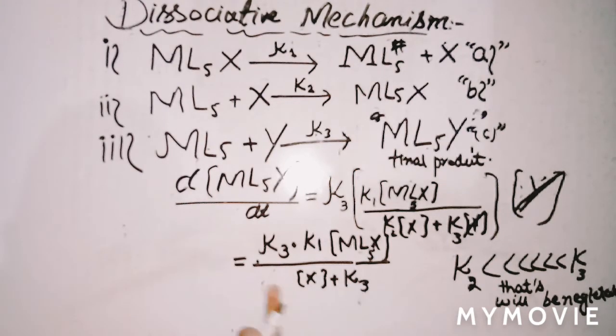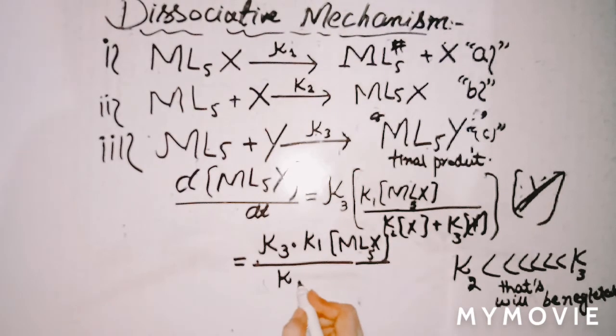So putting the value of K2 here as 0, this term will be equal to 0. The final equation will be K3.